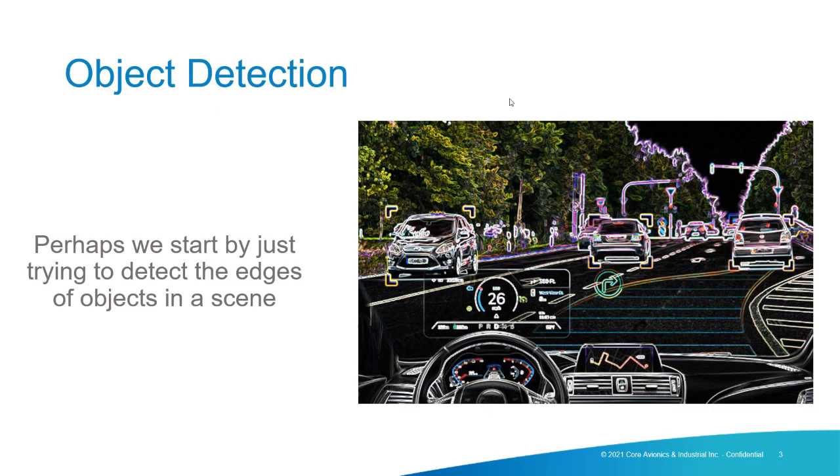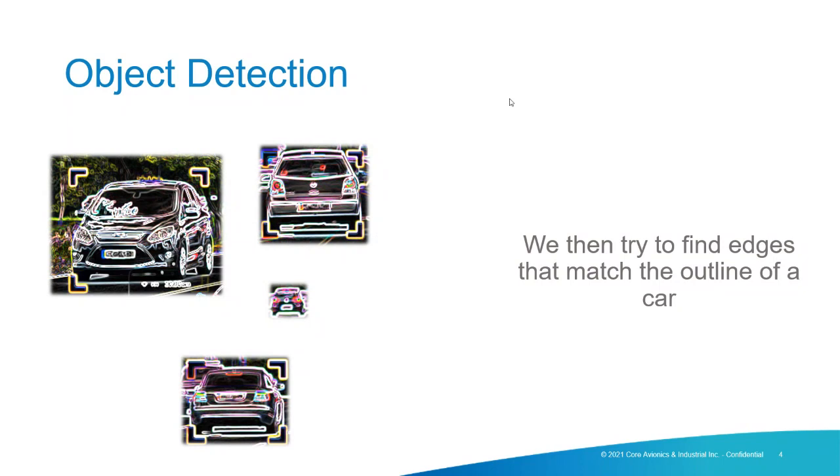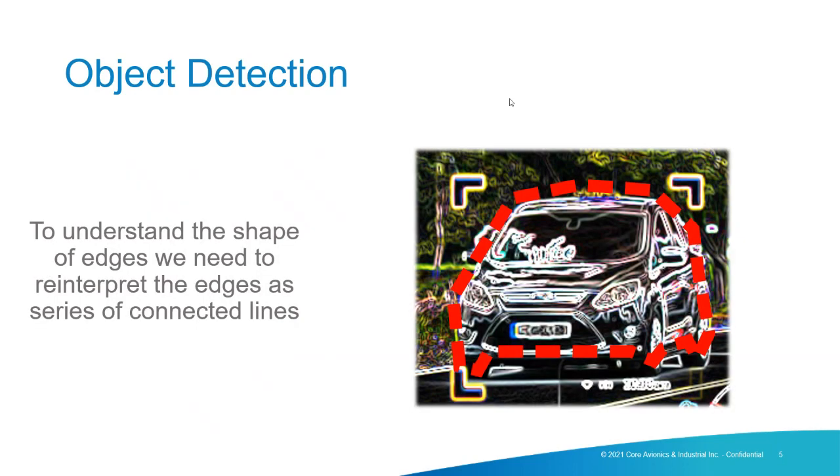And once we have this edge data in our scene, we can then start to try and find edges that match the outline of a car. So we would have to get many different models of cars from different angles and different perspectives, and start finding the outline that exists in the car and taking the edge data from our edge processing algorithm to reinterpret these edges as a series of connected lines that make the outline of the vehicle that we're looking at.